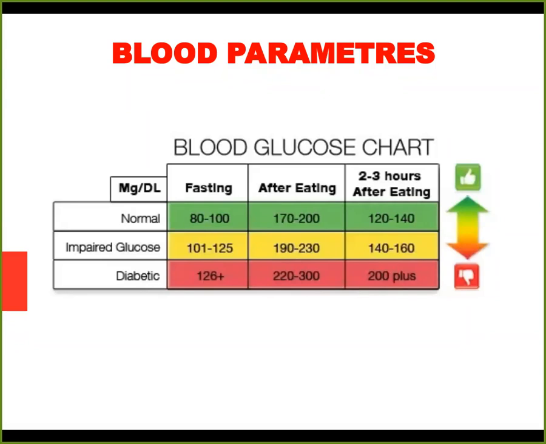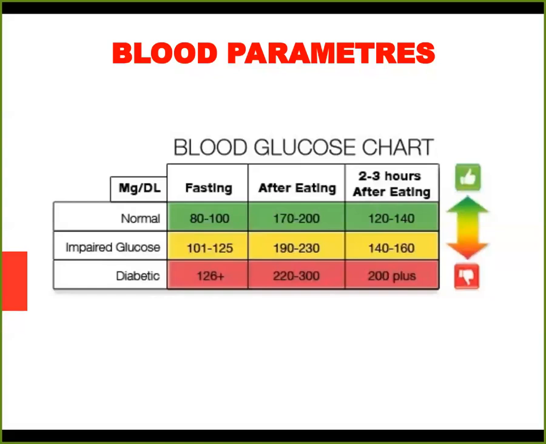But in diabetes mellitus, results are even much higher. It may be about 120, 130 milligrams in 1 deciliter. And after food intake, it increases to more than 200 milligrams.